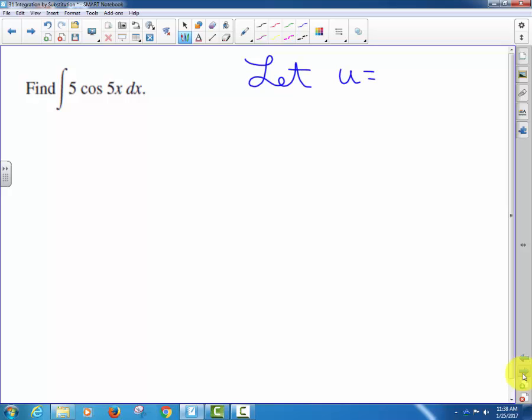What do you think u should be? Cosine 5x? Just 5x? Okay, let's look at them. So let's start off looking at cosine 5x. If we let u be cosine of 5x, then what does du need to be? What's the derivative of cosine?